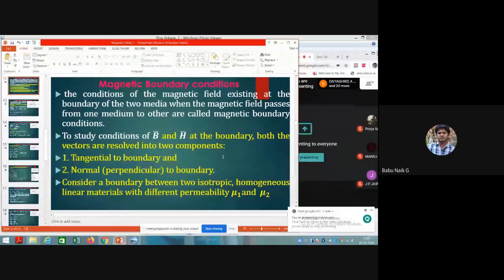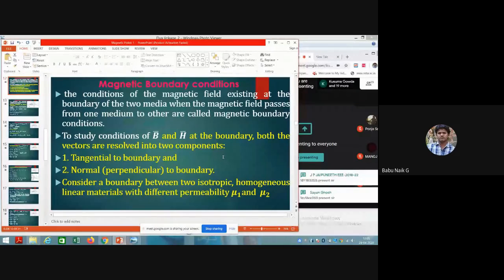In the last two classes we discussed magnetization and permeability. With magnetization, you have seen the movement of dipoles, which depends on the materials we are going to use.